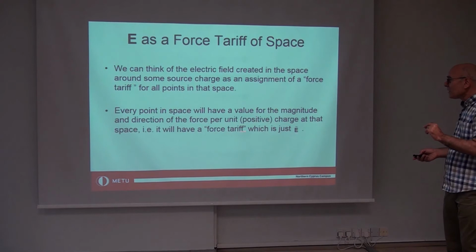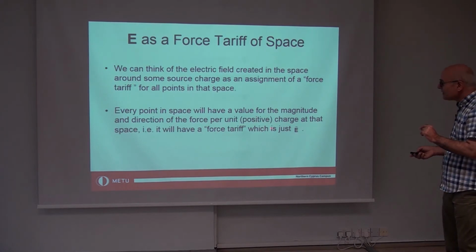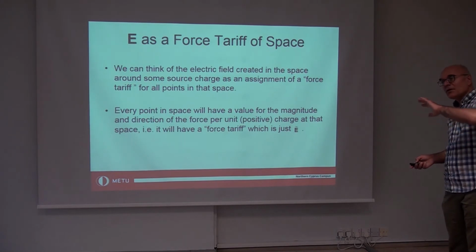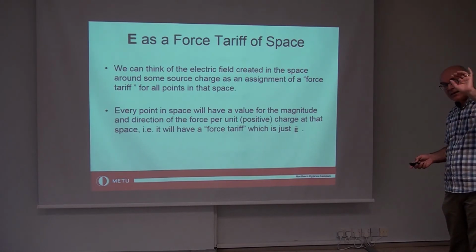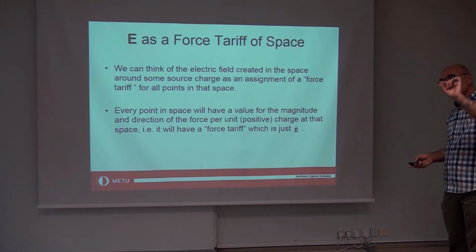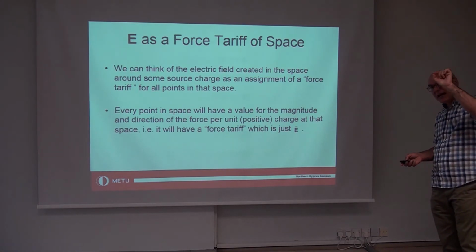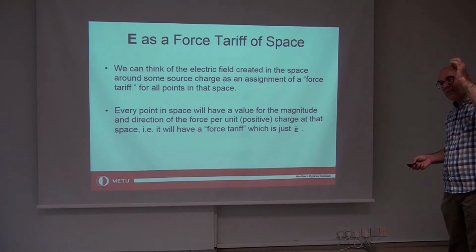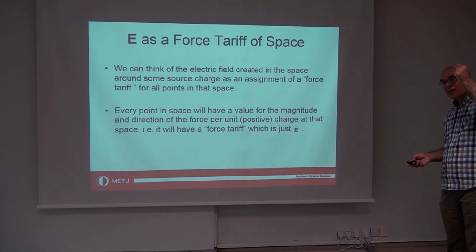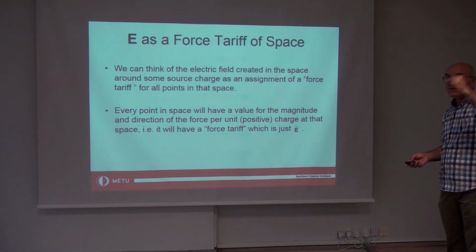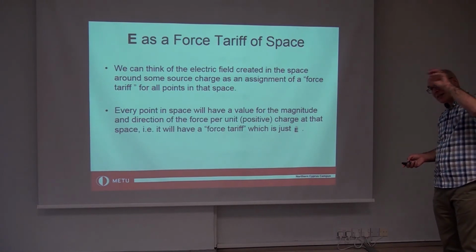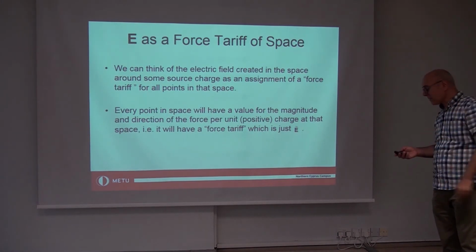So in other words, it will have like a tariff, and this tariff is just E. So at any point you go, you will have a tariff for that particular point telling you the magnitude of the force per unit positive charge and the direction of that force for that particular point in space.